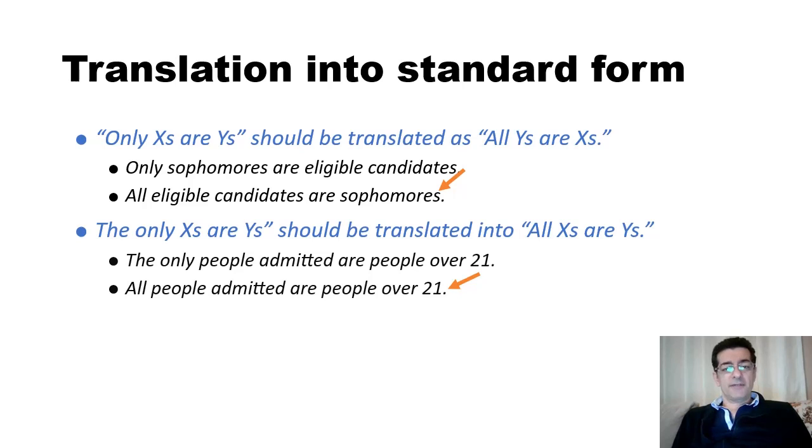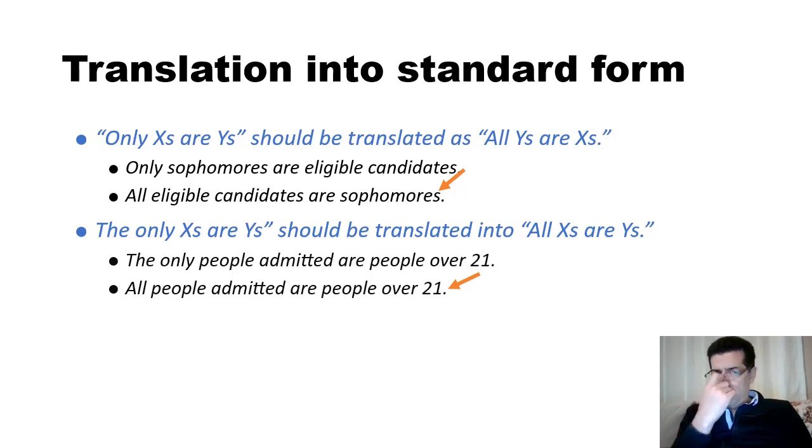For instance, if I say only sophomores are eligible candidates, are we using a standard claim? No. So what should I do? Translate? Exactly. How can I translate? I can use all instead of only and then switch the subject and the predicate terms, as you can see in this sentence here on the slide.